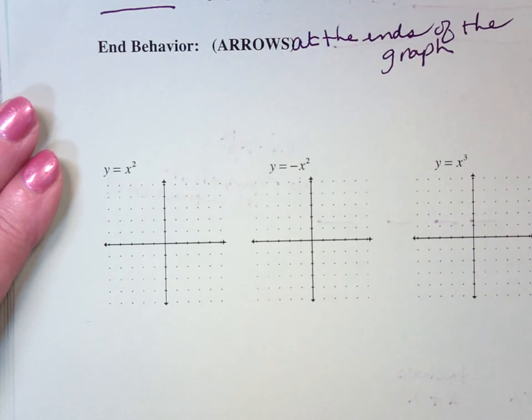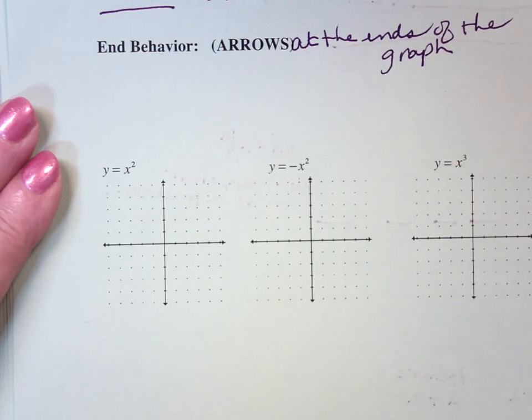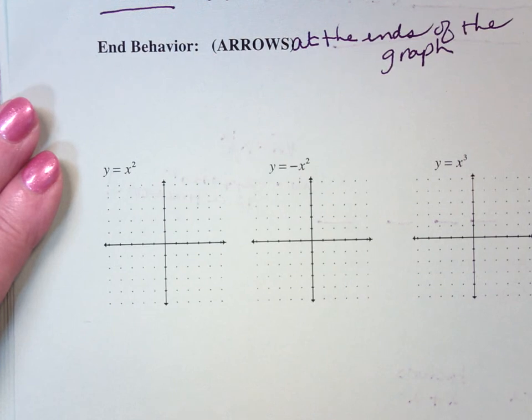If you remember x squared and x cubed, you've got end behavior down. If the degree is even, the arrows at the end act like x squared or minus x squared. If it's odd, then it's x cubed or minus x cubed. If you just remember those two, end behavior's a piece of cake on polynomials.